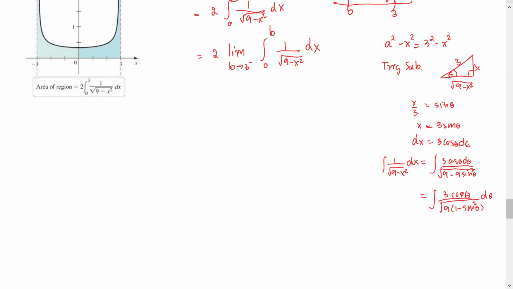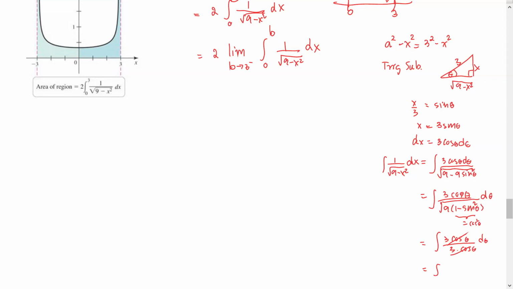Recall 1 minus sine squared is cosine squared theta. So then the denominator becomes 3 multiplied by cosine theta d theta. It's very nice that they both reduce.